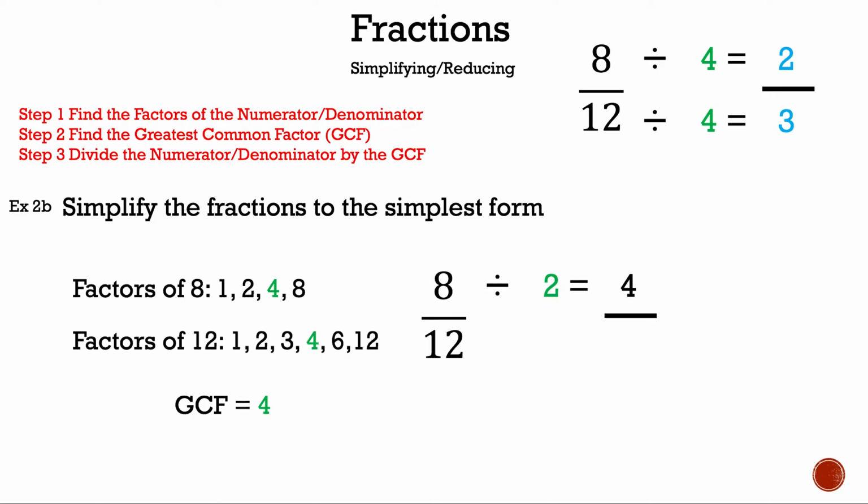Well, 8 divided by 2 is 4, and 12 divided by 2 is 6. And as you can see, 4 and 6 are both even, so we need to divide by 2 again. And if we do that, 4 divided by 2 is 2, and 6 divided by 2 is 3. So if you can't find the GCF, it's not a big deal. Just divide by a factor and keep going.